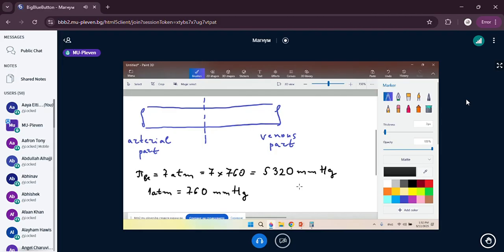So this is the osmotic pressure of blood, but we've got here the capillary wall. So this serves as a membrane through which water molecules pass. In this case, we've got another solution in the interstitial space, which has less osmotic pressure, and this is given in the problem.